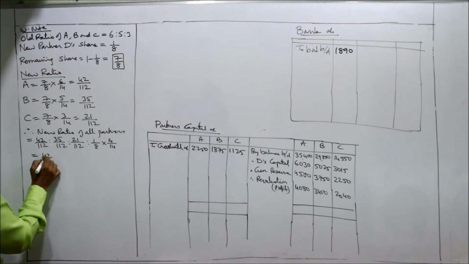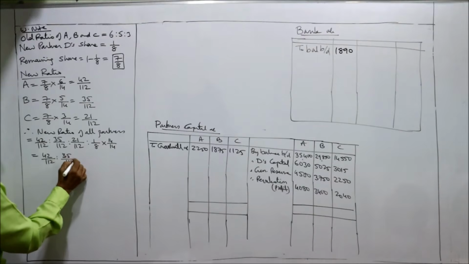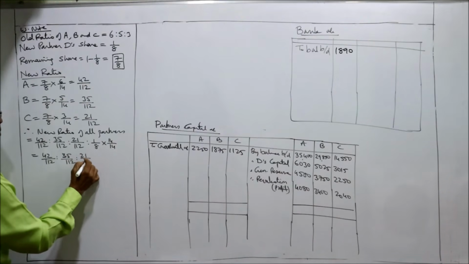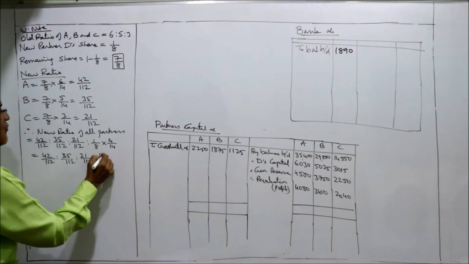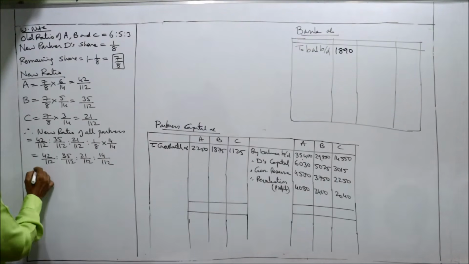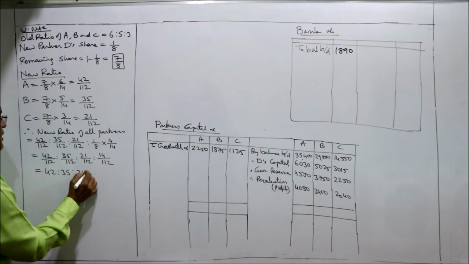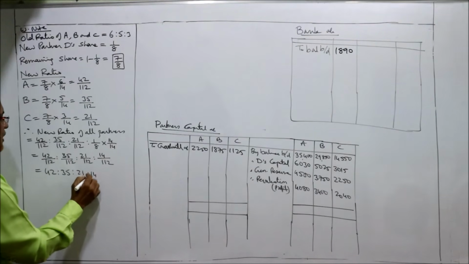So it will be 42 by 112 is to 35 by 112 is to 21 by 112 is to 14 by 112. So the ratio will be 42 is to 35 is to 21 is to 14.